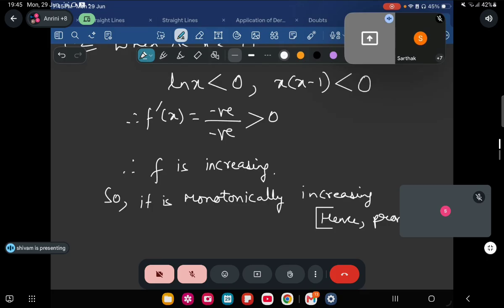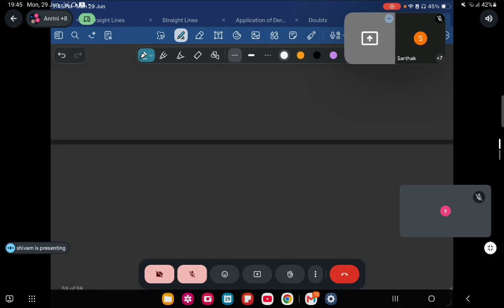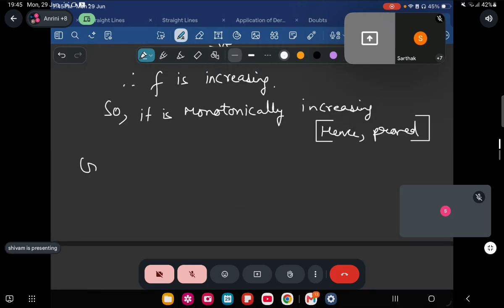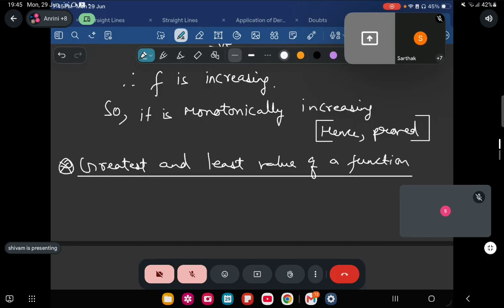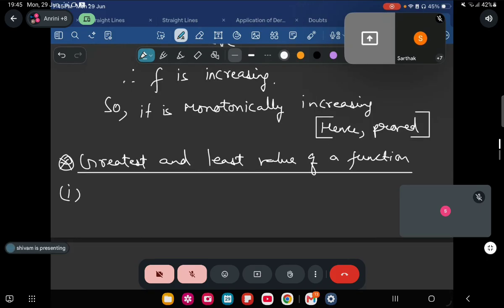Okay. Our next topic is greatest and least value of a function. Number one, where does it occur? It occurs at dy by dx is equal to 0, or dy by dx does not exist.